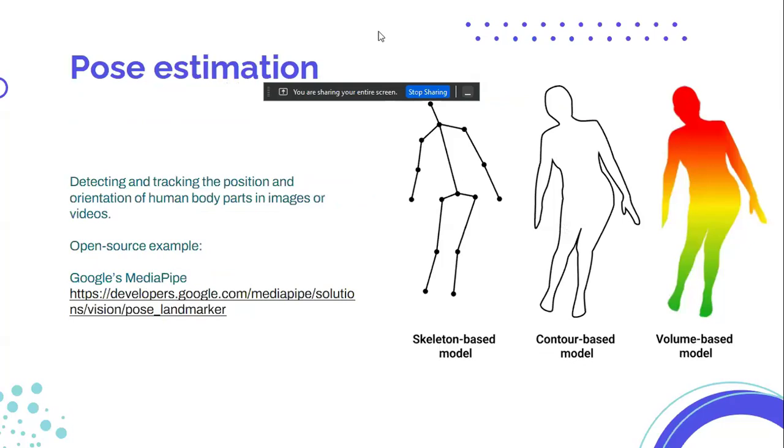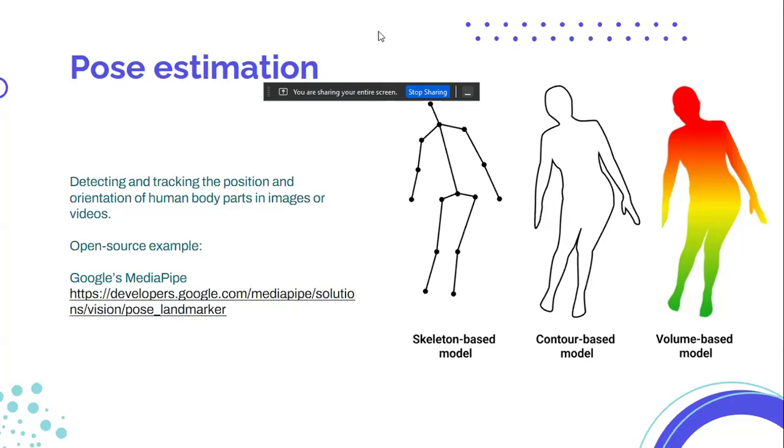So the first one is pose estimation. What pose estimation means is basically detecting and tracking the orientation of the human body parts in videos and images. If you've worked in motion tracking before, it's kind of like understanding how the human body moves.